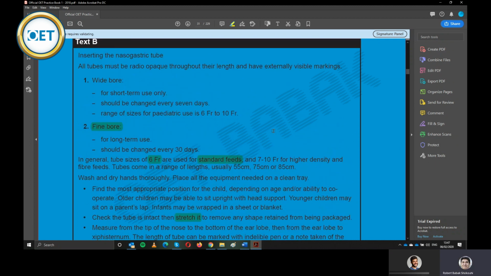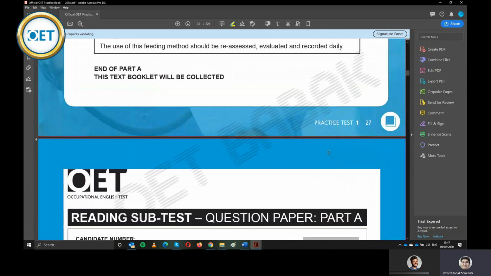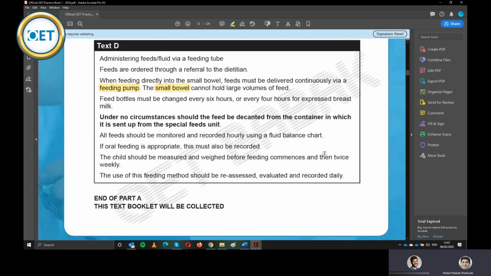So it might be mentioned somewhere else as well. Okay. So yes, let's go here. Okay. So administering fluid via feeding tube.